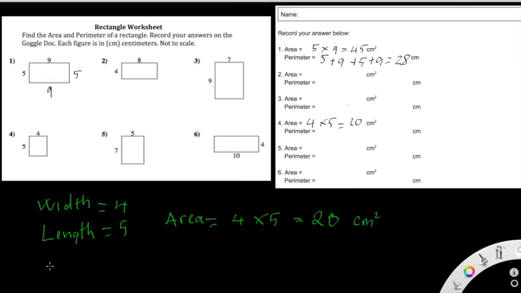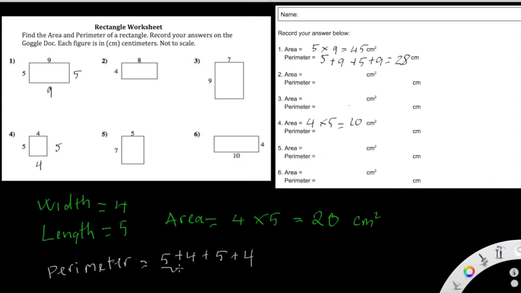Okay, let's find the perimeter. Let's use this color for perimeter. So the perimeter equals, we know this side is 4, so the opposite side is also 4. The length is 5, so the opposite side is also 5. Let's pick a different color. So 5 plus 4 plus 5 plus 4 again.